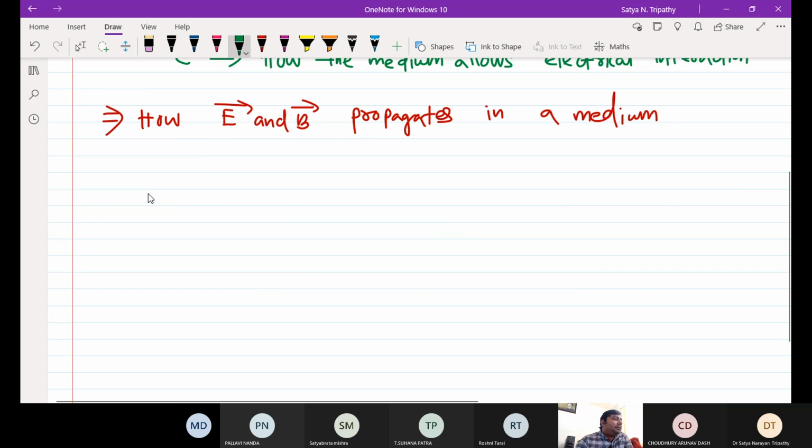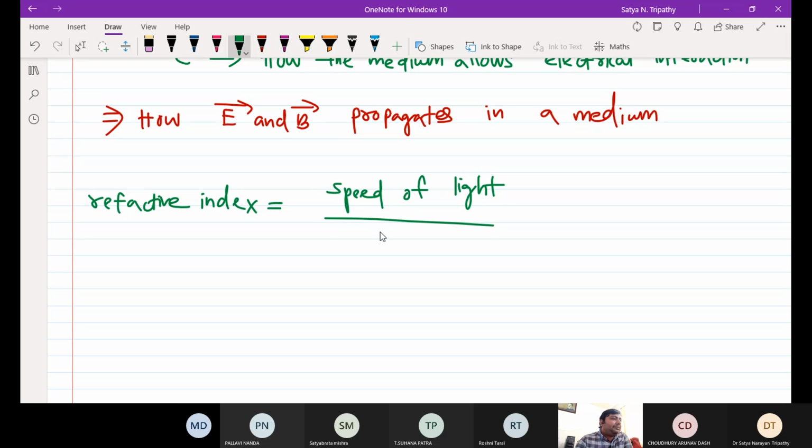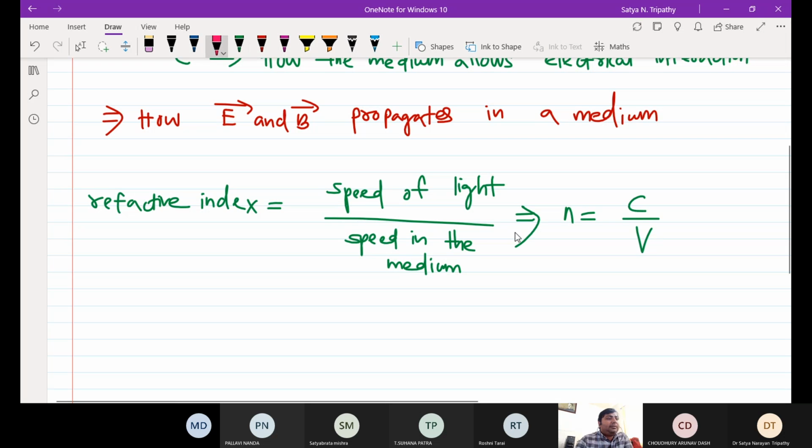First of all, the refractive index is basically the speed of light divided by the speed in the medium. N is equal to c by v, or another way we call it is optical density.